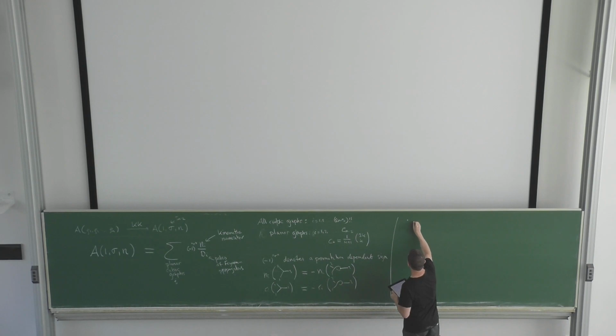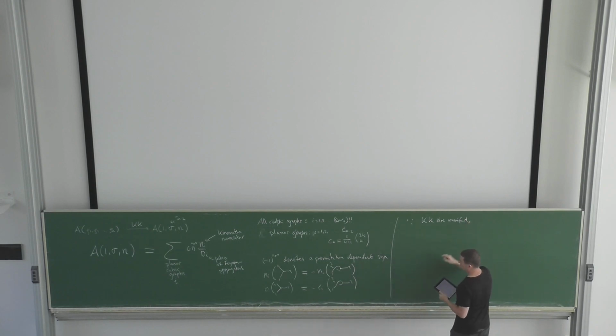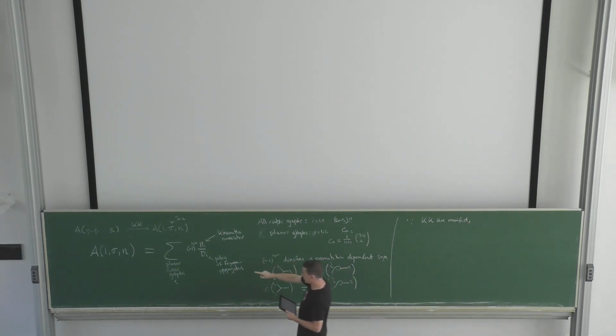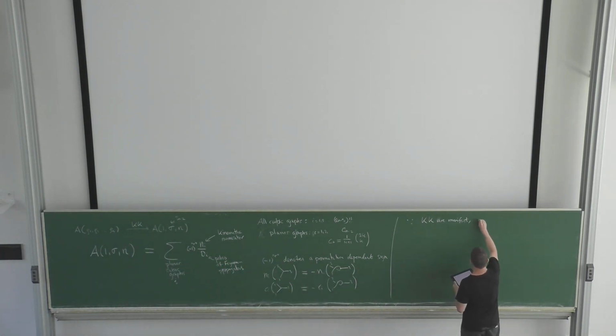So let me write out the claim. The KK relations are manifest. Also, because I'm summing over all planar graphs, it's going to be obvious that I have planarity and cyclicity.